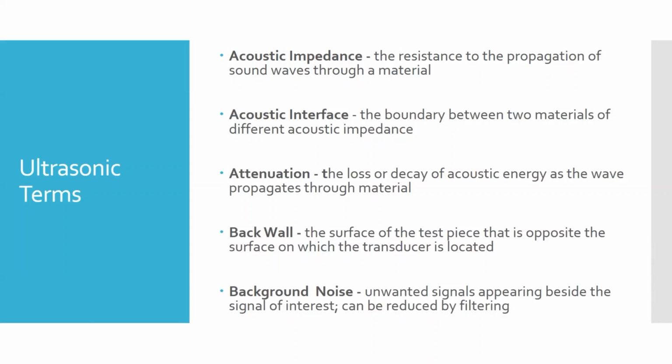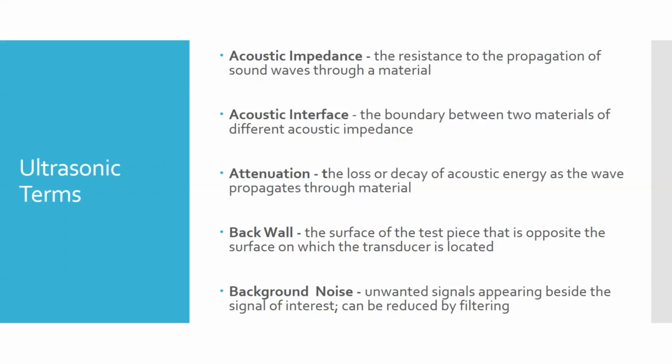Some of these may sound kind of familiar. You might see some things that look similar to electrical, and they mean similar things in ultrasound that they do in electrical, just dealing with sound now instead of electricity. So the first one there, acoustic impedance, is resistance to the propagation of a sound wave.